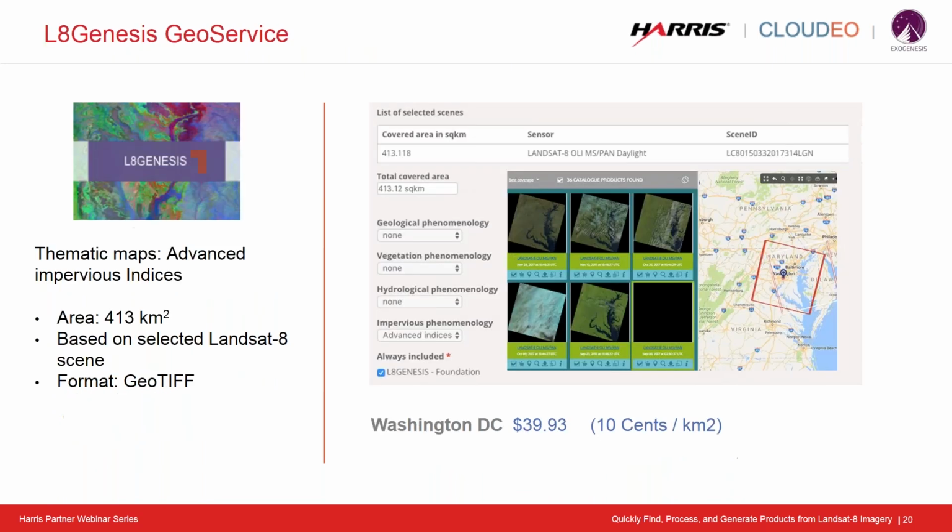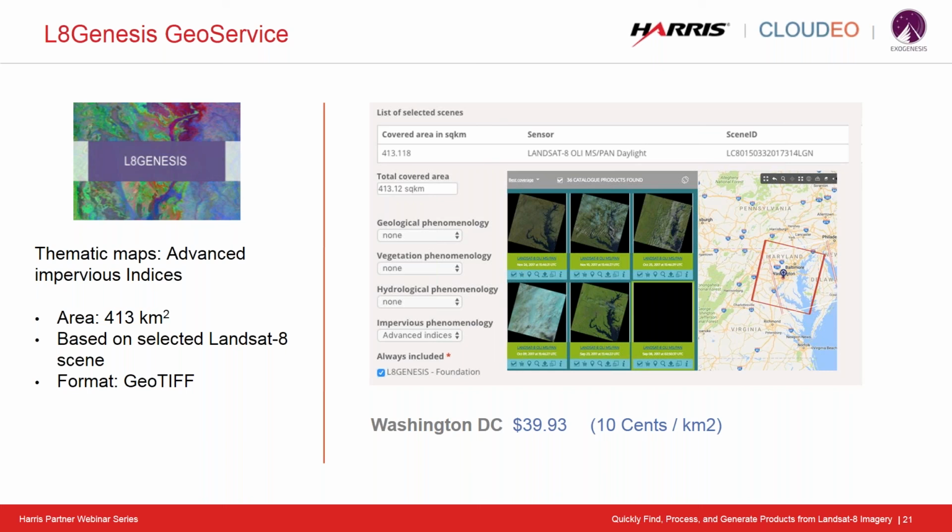Then, when we go to the next product, which is L8Genesis, in this case, if you would rather get results for a specific Landsat scene, you order L8Genesis as a product on the store. You simply choose a scene from the catalog and you add it to the cart.